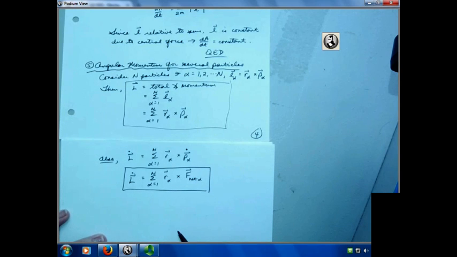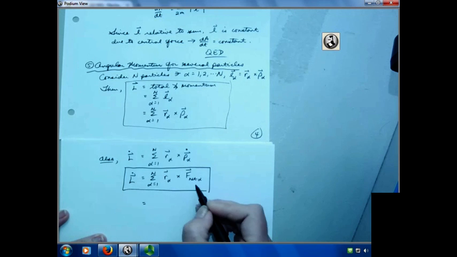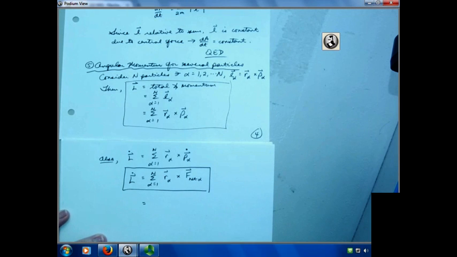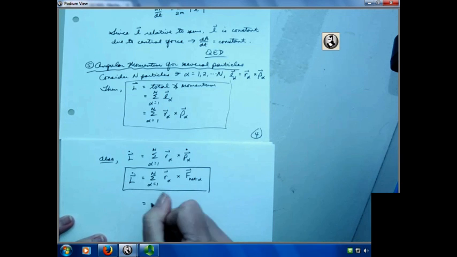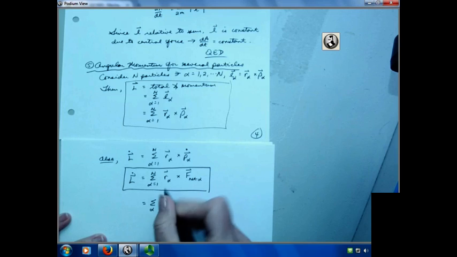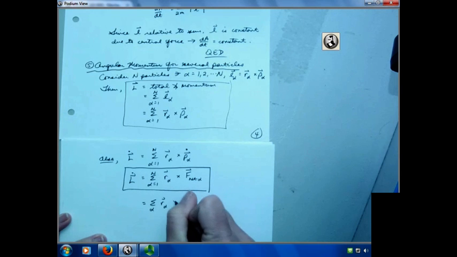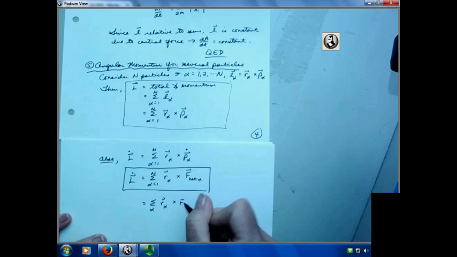All right. So I also have, let's go ahead and note that my forces on alpha, they could be from things that are external to my system of n particles, or they could be from things that are internal to my system of n particles, meaning some of the other of the n particles. So I'm going to write that sum over alpha, r sub alpha cross f external on alpha.